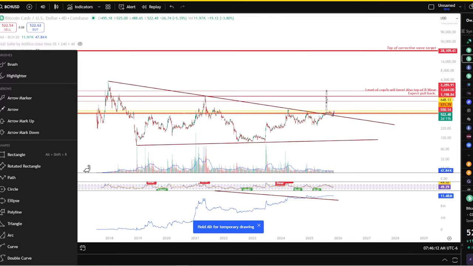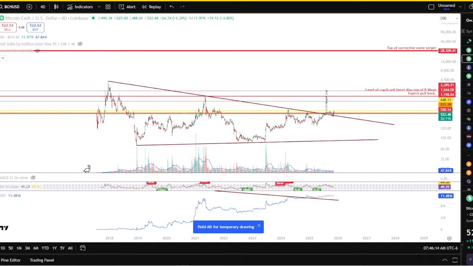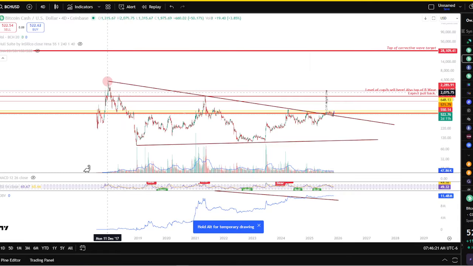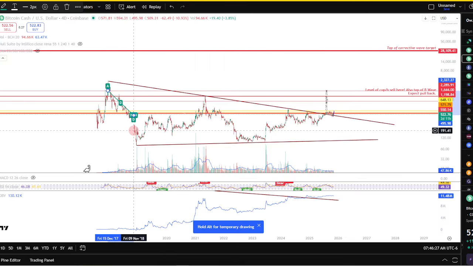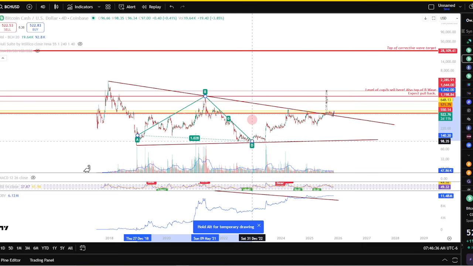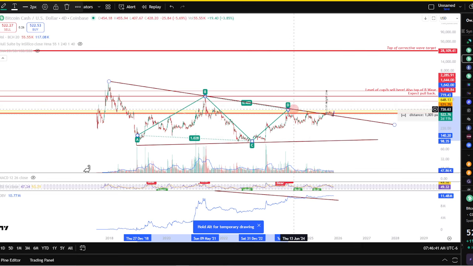So, in other words, you'd have your A, B, C, D, and then actually we have our E pattern.